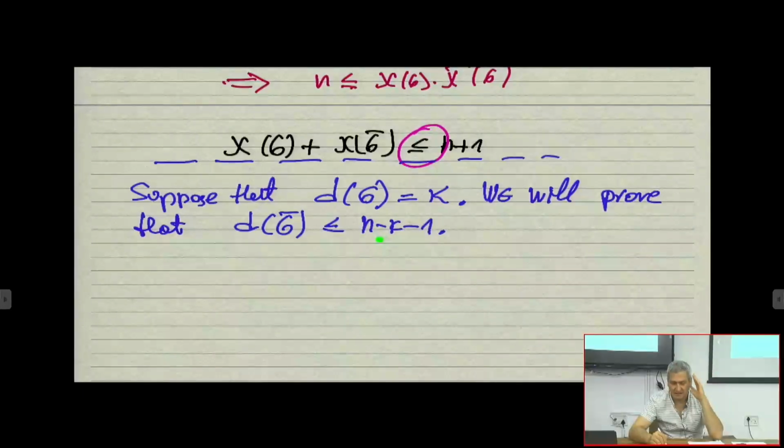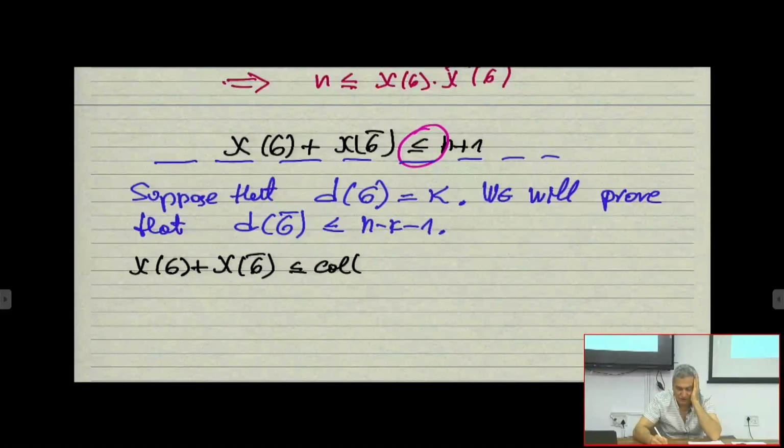Why? Okay, let's see why this is true. So we assume this, and we assume that we can prove this, and then we can prove it. Why? Look, chromatic number of G plus chromatic number of G complement, they are smaller or equal to coloring number of G plus coloring number of G complement.